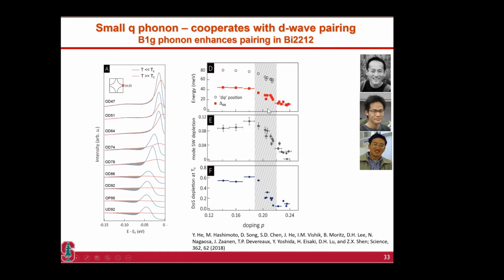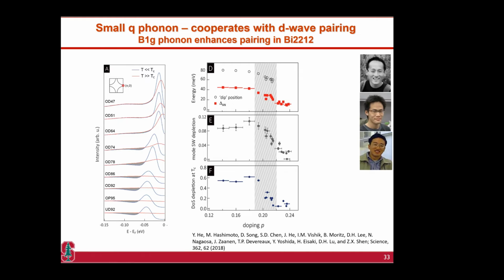I'm just saying in passing, there's also this feature, which for those of you who are familiar with tunneling results is often associated with mode coupling, and it also shows a similar type of change. The third plot, which I talk about in phase fluctuation, is the intensity of the spectra at zero frequency above TC, which also shows a change.